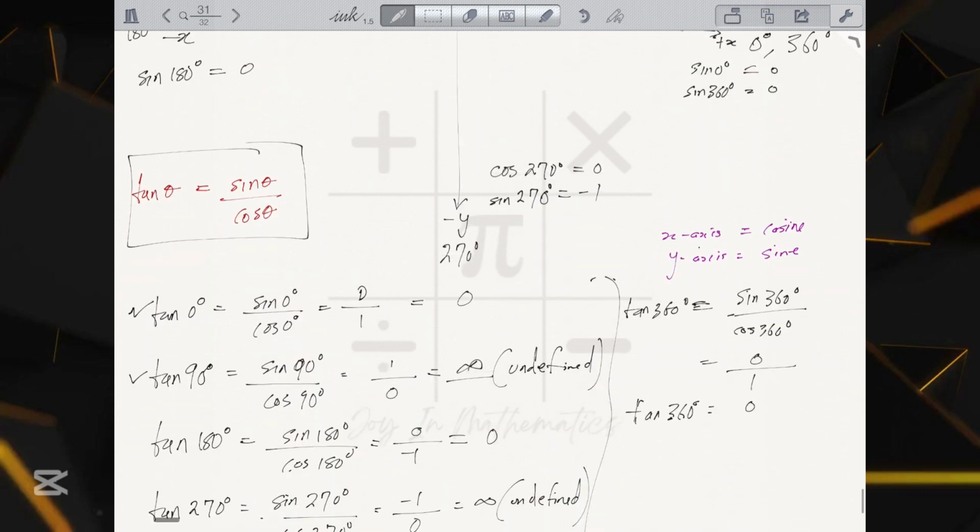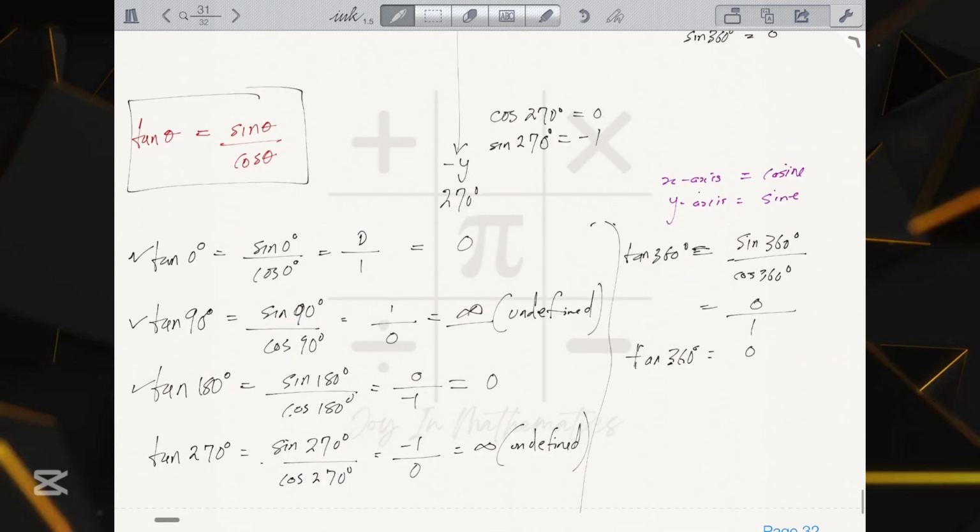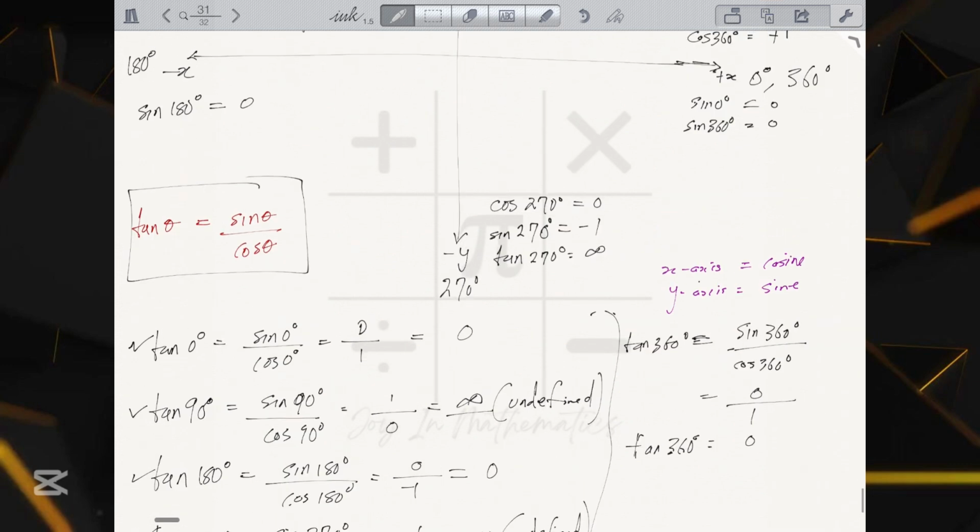And we move on to tan 180 degrees, which is equal to 0. Tan 270 degrees is also undefined. Tan 360 degrees is equal to 0.